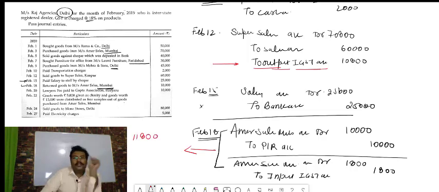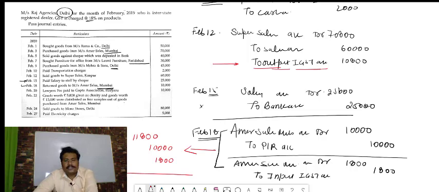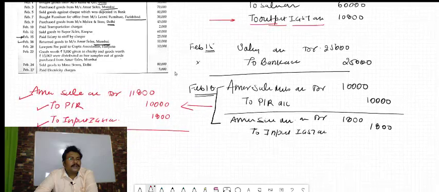We are returning the goods worth rupees 10,000, but along with that we are decreasing the IGST also, worth rupees 1,800. So Amar Sells account debit 11,800, to purchase return 10,000, and to input IGST 1,800. Okay, now proceed to the Feb 20 transaction.